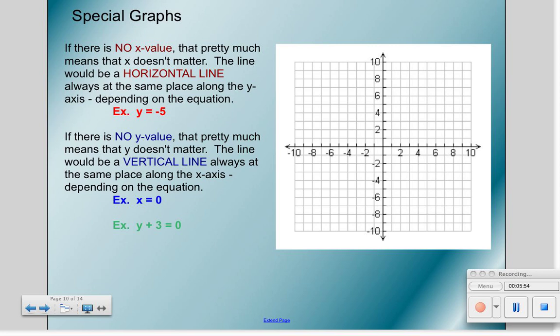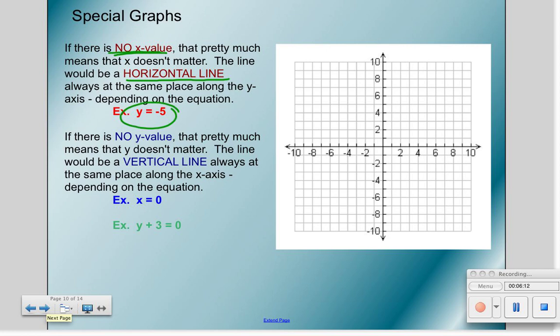If there's no x value, that pretty much just means that x doesn't matter. So if there is no x value, you're going to have a horizontal line. That is something you need to remember. If you don't remember it, make sure it's in your notes and make sure you look at your notes, okay? So no x value, horizontal line. Here's an example.